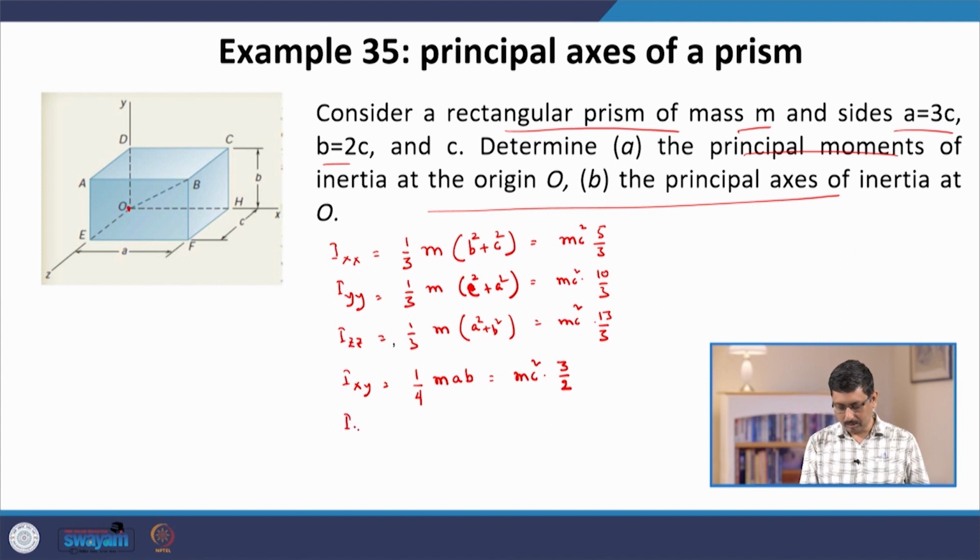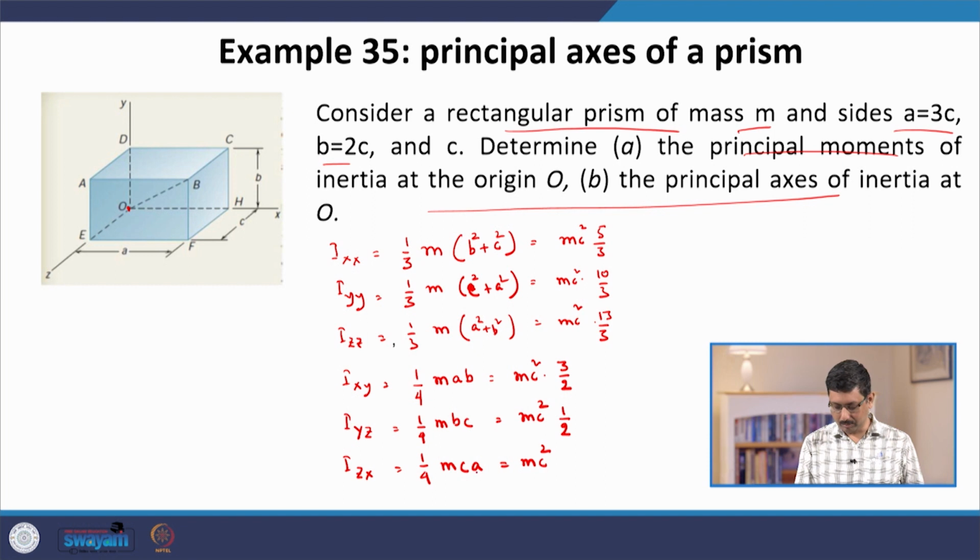Iyz was 1 by 4 m b c, so this is m c square times 2 by 4, which is half. And Izx is 1 by 4 m c a, so this is m c square times 3 by 4, since a is 3c.